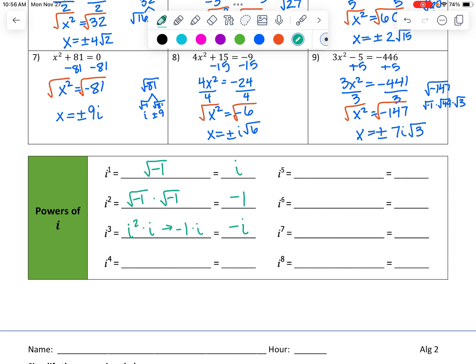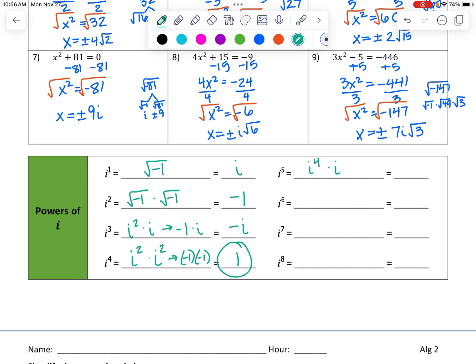With i to the fourth, I'm thinking of this as i squared times i squared, which we know that i squared is negative 1. So I have negative 1 times negative 1, which is positive 1. Okay, so lots of ways to think of this, but break it down with what you know. Okay, so I'm going to think of i to the fifth power as i to the fourth times i.